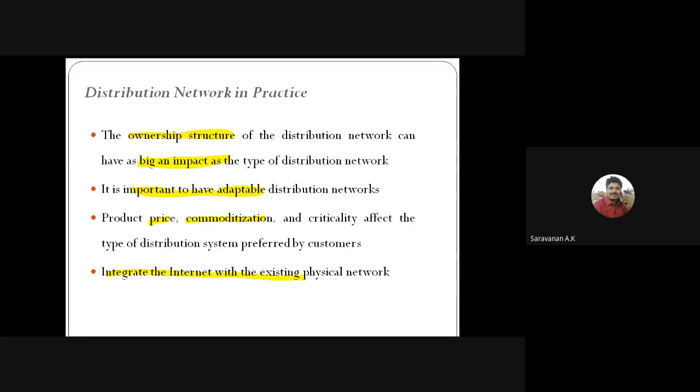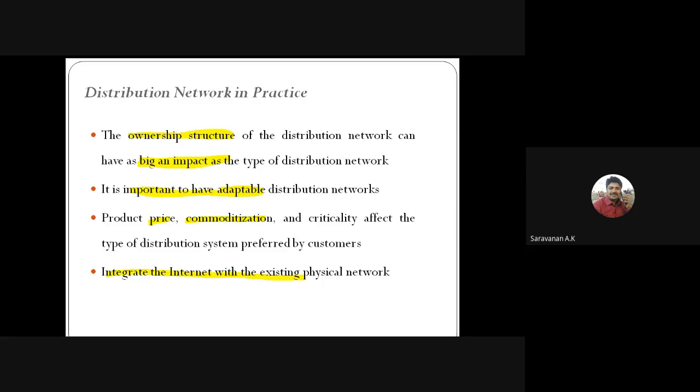Independent distributors want to optimize their own enterprises, which does not necessarily analyze the entire supply chain. They have to analyze and optimize their enterprises.